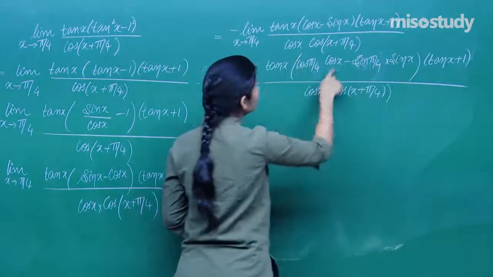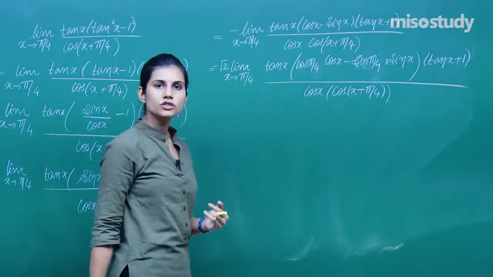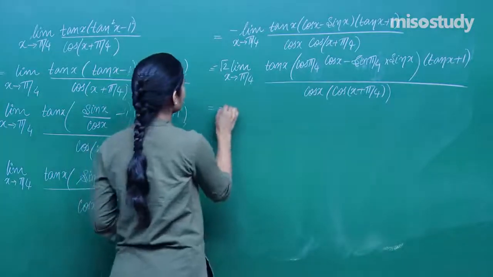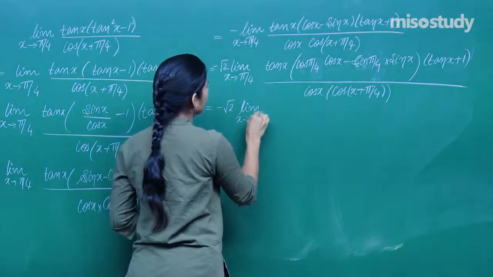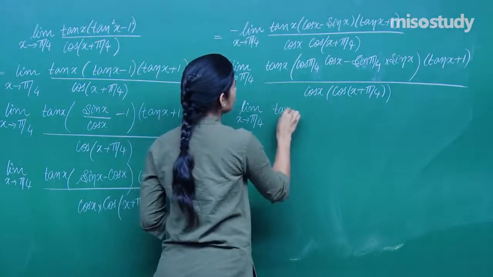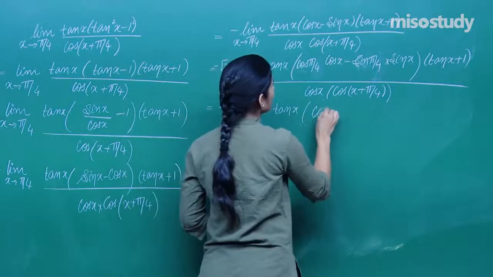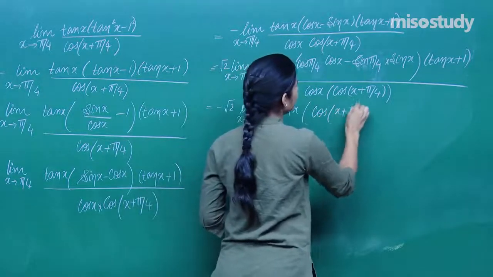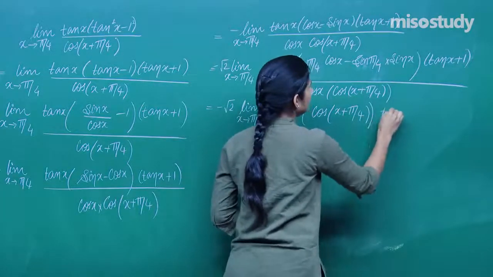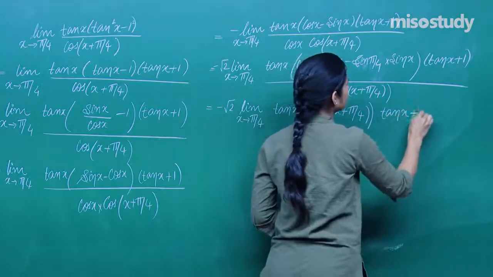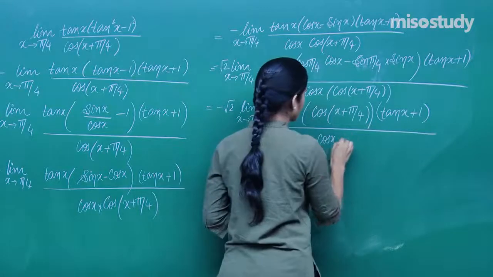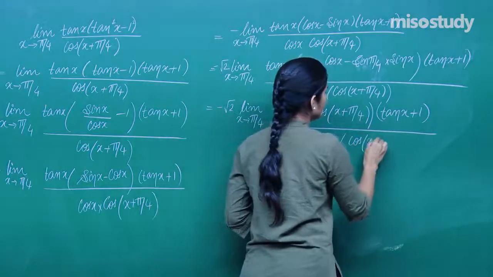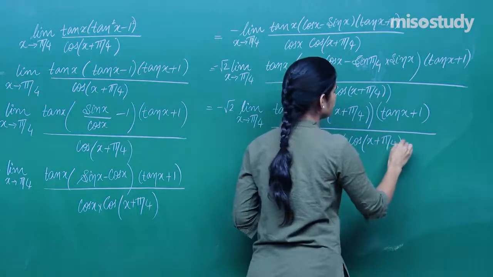So you have cos a cos b minus sin a sin b, which is of the form cos of a plus b. So this becomes limit x tends to pi by 4, tan x, cos of x plus pi by 4, tan x plus 1, whole upon cos x into cos of x plus pi by 4.